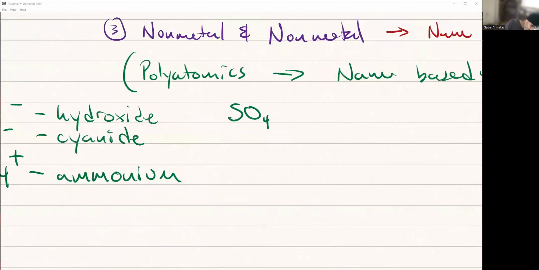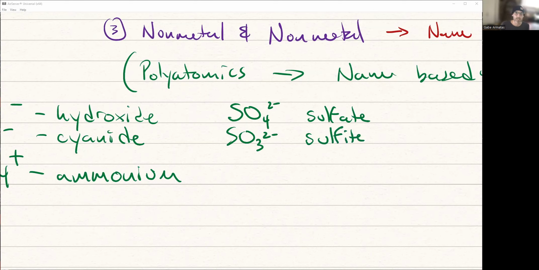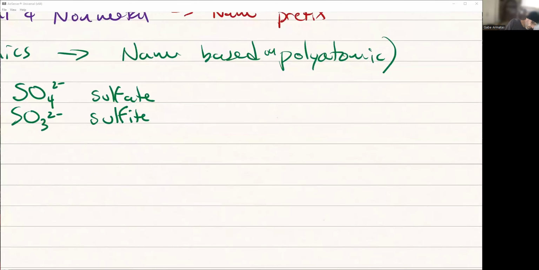SO4, which has a 2- charge, and SO3, which has a 2- charge. The SO4 is called sulfate, and the SO3, so you lose one oxygen, is called sulfite. Then I have NO3 minus 1 and NO2 minus 1.